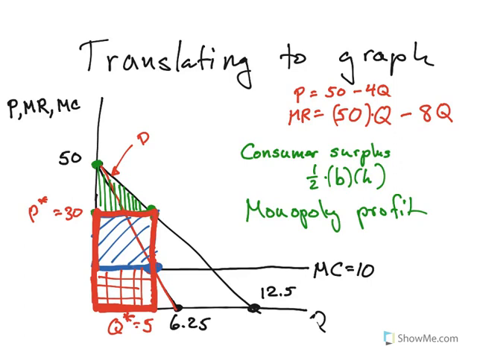The cost is this red hashed region. If we subtract the cost from the revenue, we get the profits. So it's going to be equal to that rectangle. So I'm going to let you do that on your own to have the actual numbers, but you should be able to do that based on other things that we have done.